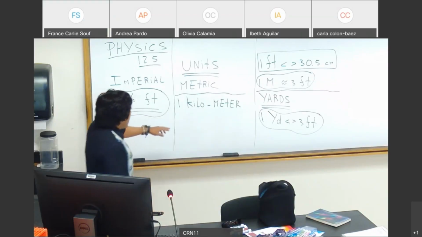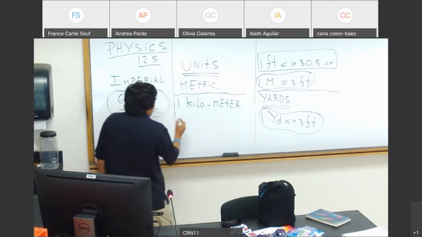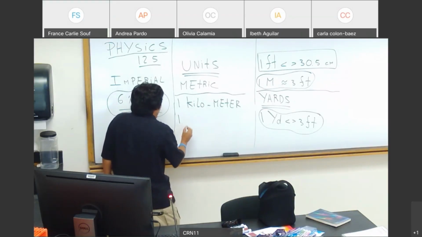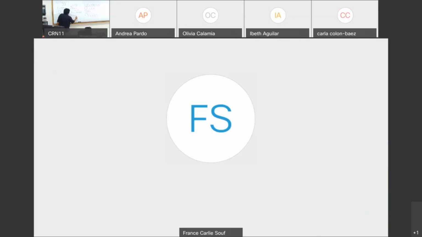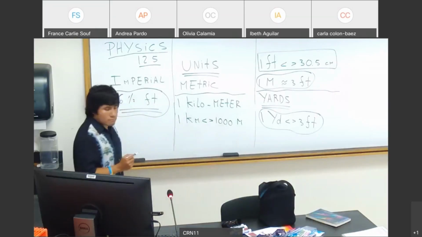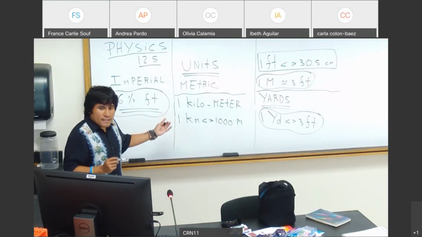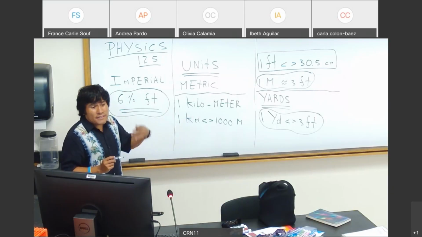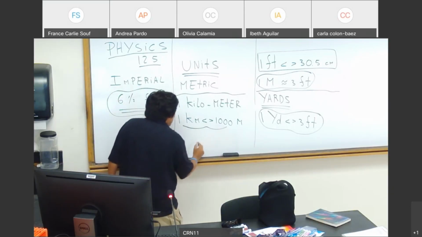But a kilometer can be written as 1 km, which is equivalent to 1,000 meters. So a kilo is 1,000, the power of 3, 10 to the power of 3.